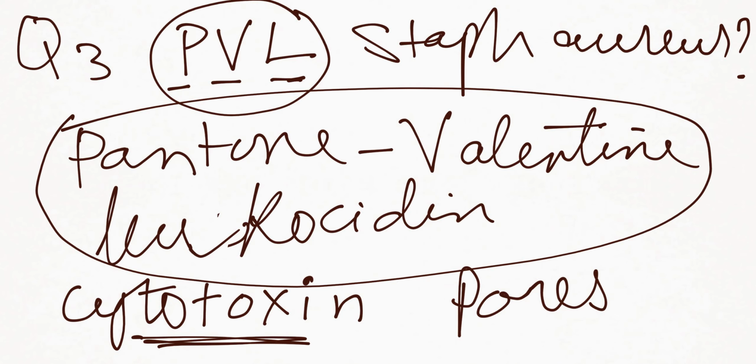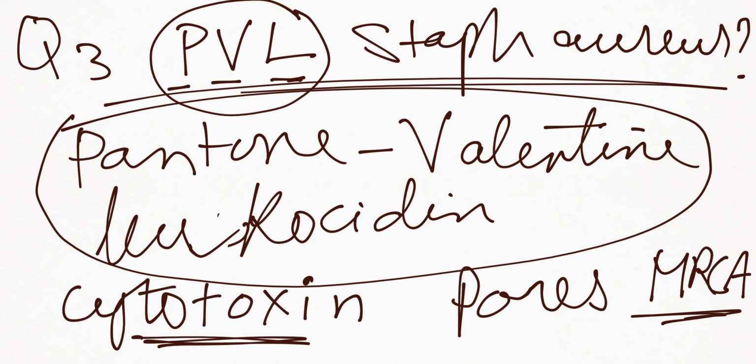Unfortunately, the majority of the community-associated MRSAs are actually PVL Staph aureus. So this is the answer for what is PVL Staph aureus.